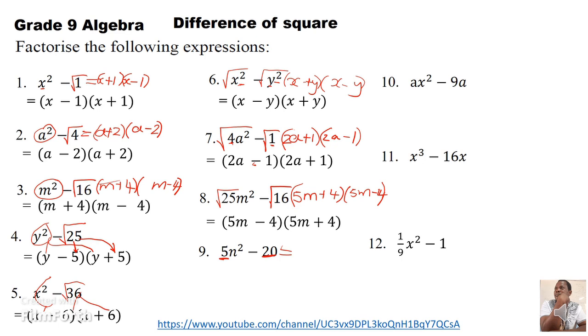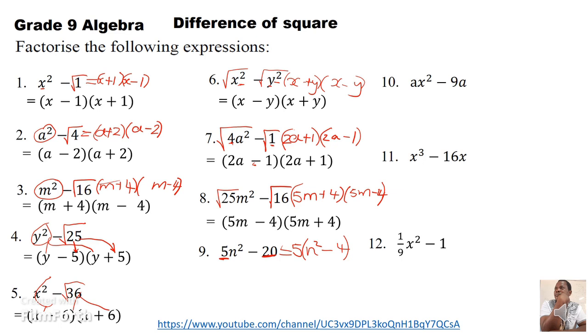We need the biggest number that can divide into 5 and 20 without leaving a remainder. The highest common factor of 5 and 20 is 5. So if you factor out 5, you put 5 outside, and then if you divide 5 into 5 and 5 into 20, you get n squared minus 4.